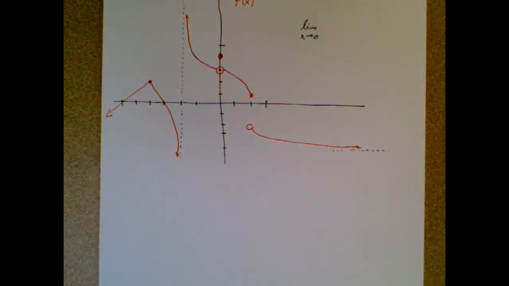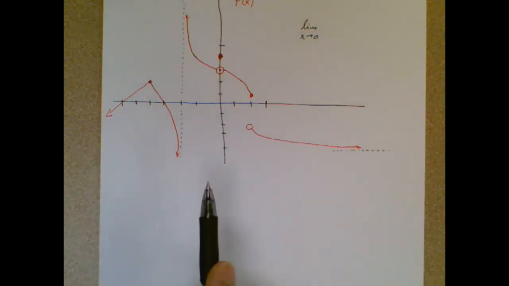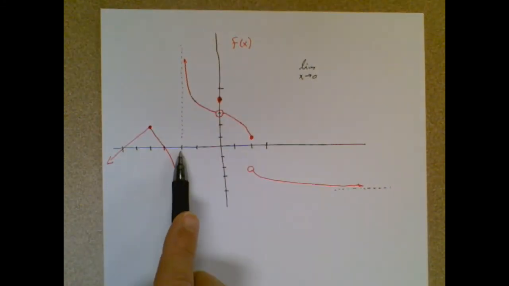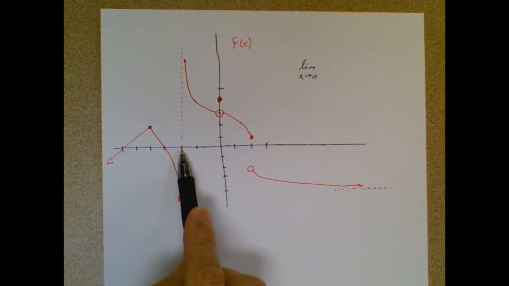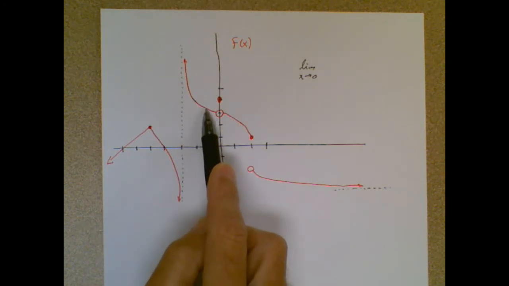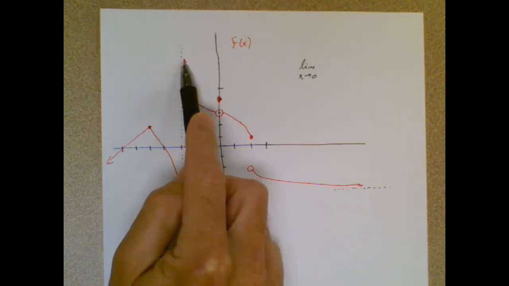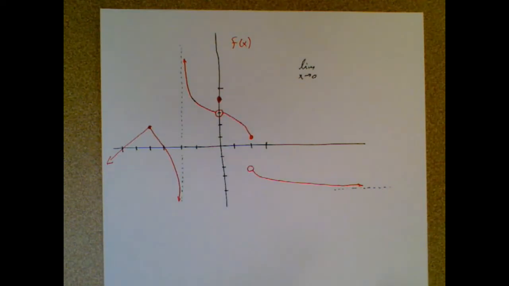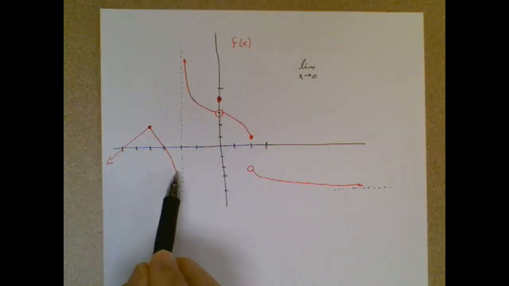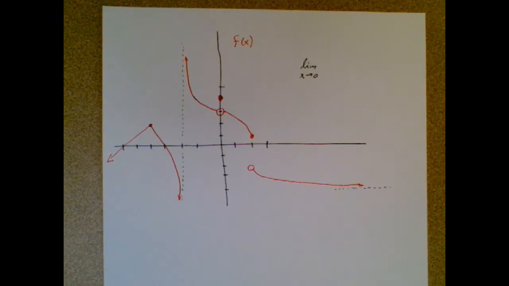We can look at a couple other locations. Look at this funny business happening here at x equals 2. Sorry, that's negative 2. As x approaches negative 2 from the right, my y values are blasting off to positive infinity. As I approach from the left, my y values are blasting off to negative infinity.